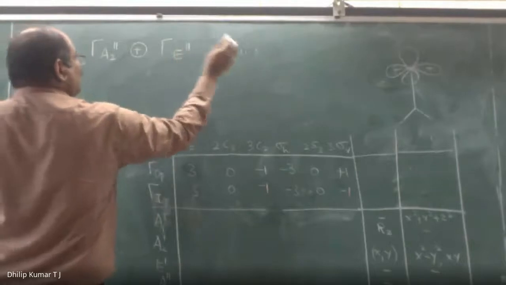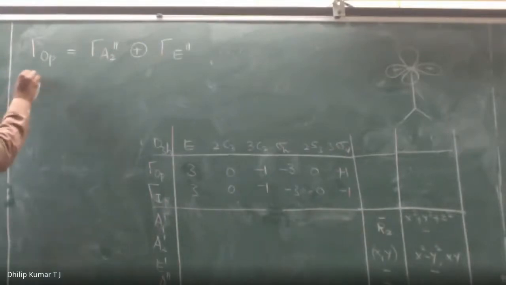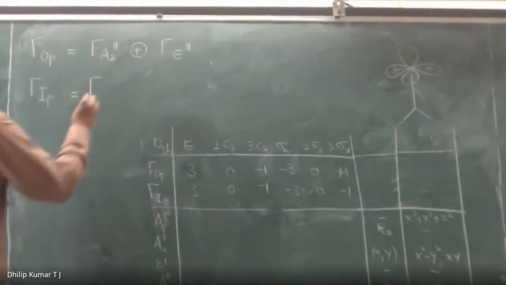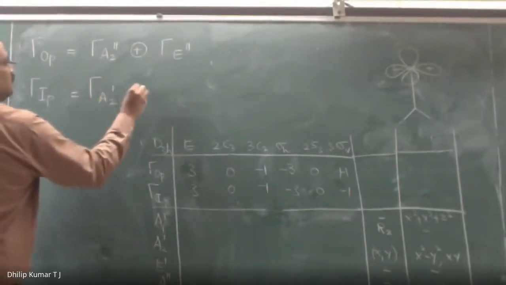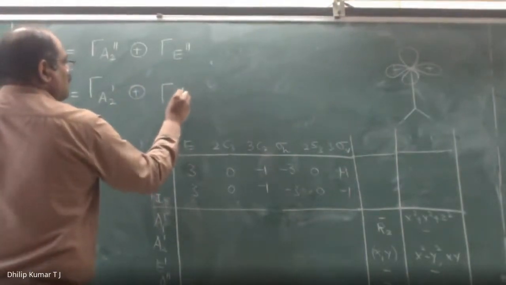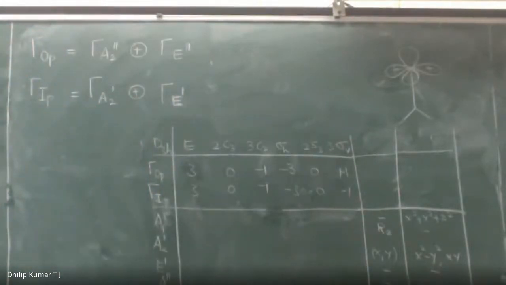This is double prime. So it will end up something like this for out of plane, A2 double prime and E double prime. And similarly for in plane, you will end up with A2 prime and E prime. So this is for in-plane orbitals.